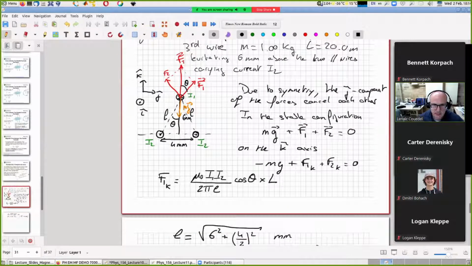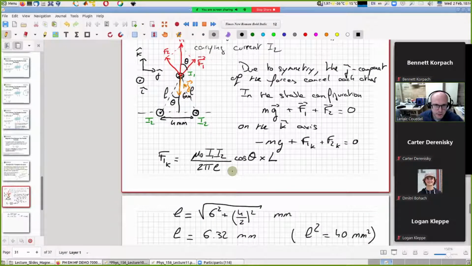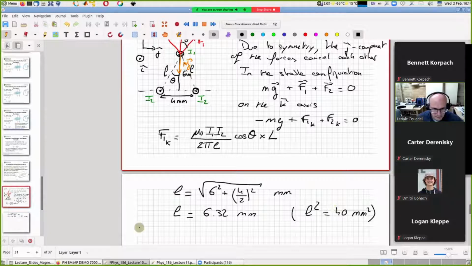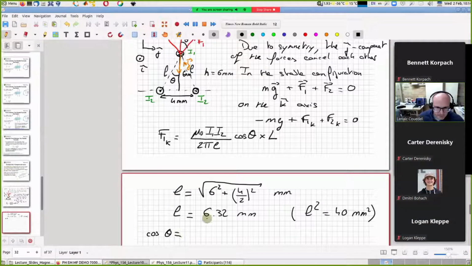One thing, we can still use trigonometry, so we can also define the cosine of theta. The cosine of theta is just the adjacent side. So here we call it h, so h equal 6 millimeter. So that's this length here. So it's h divided by lowercase l.